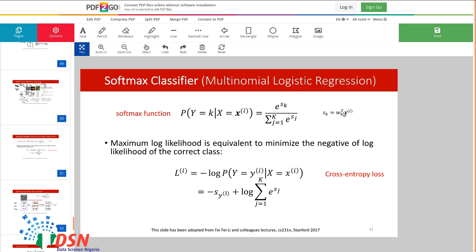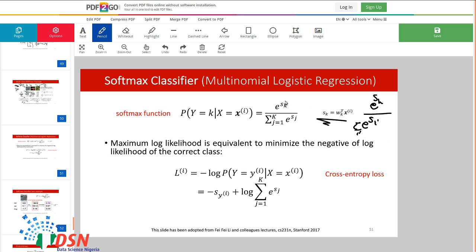So again, we could calculate the score of each input, which is W_k transpose x, and we just need to get the exponent of that score and divide it by the sum of exponents of all the scores.